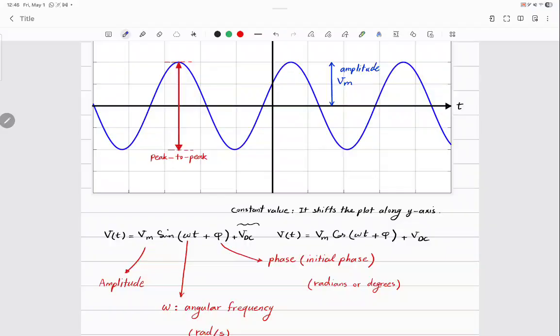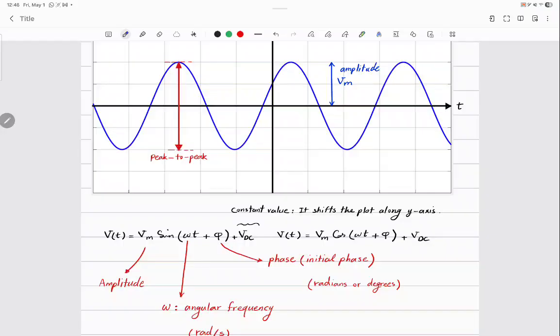For any circular movement, you usually assign angular frequency. For example, if you are considering something that changes angle and returns to the original point, what is changing is actually the angle. That's why we call it the angular frequency.